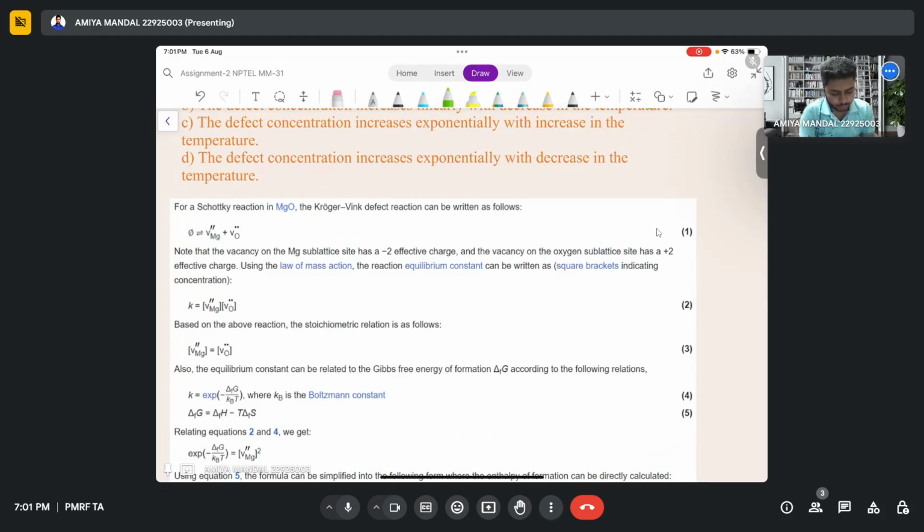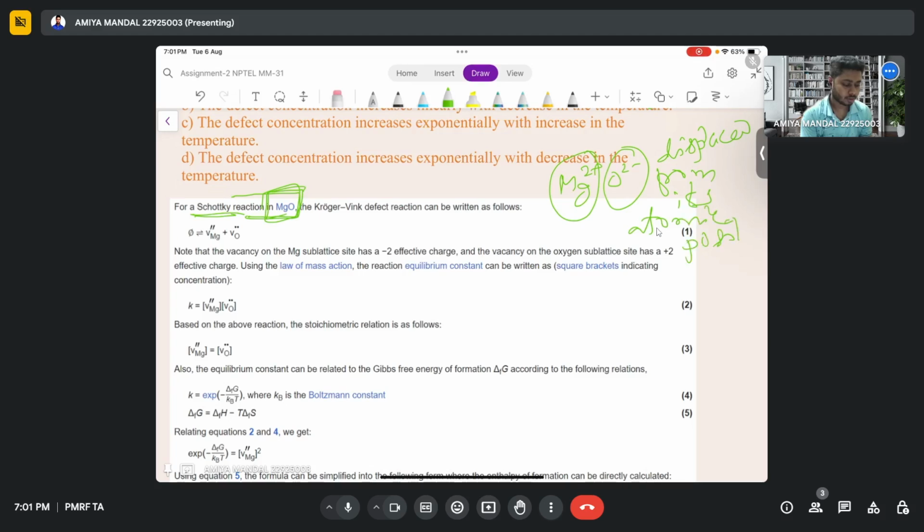We have taken magnesium oxide as an example, and for magnesium oxide, only Schottky defects are present, meaning both magnesium and oxygen are displaced from their atomic positions.